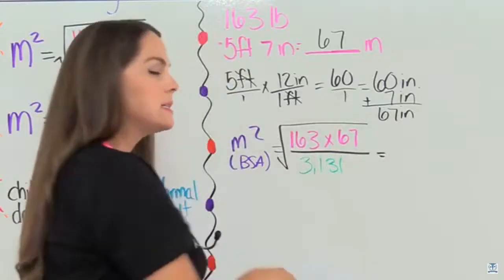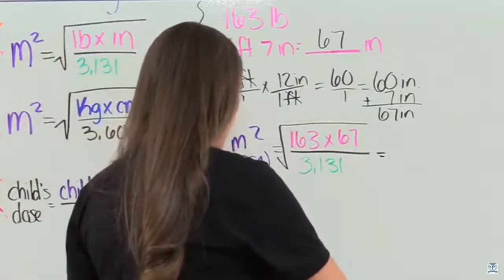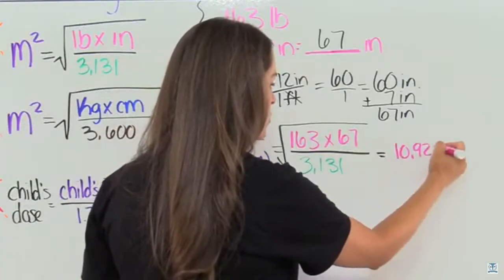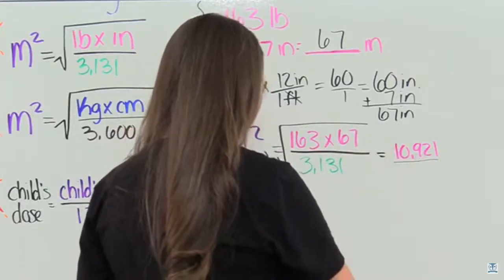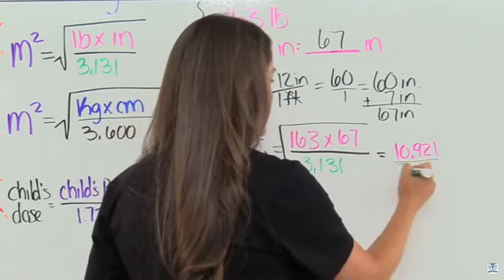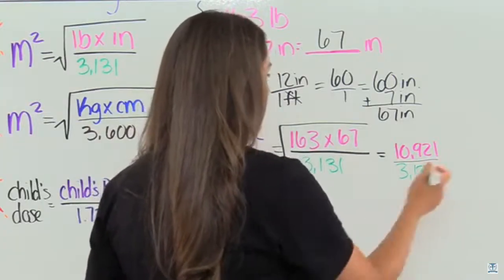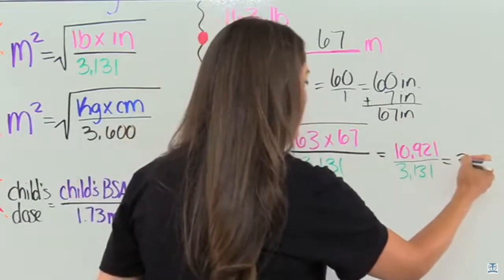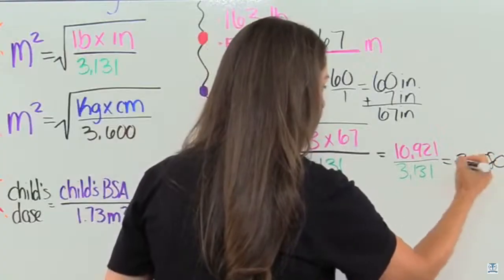So 163 times 67 gives us 10,921. And then we're going to divide that by 3,131. Whenever we do that, we get 3.4880.